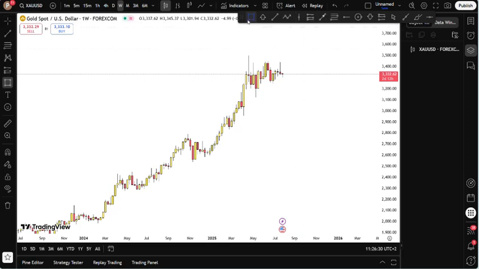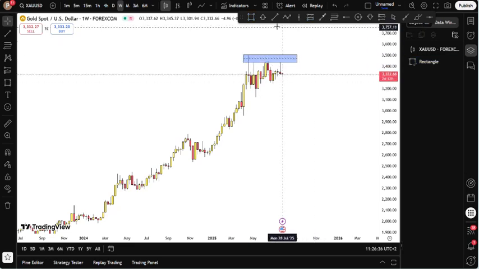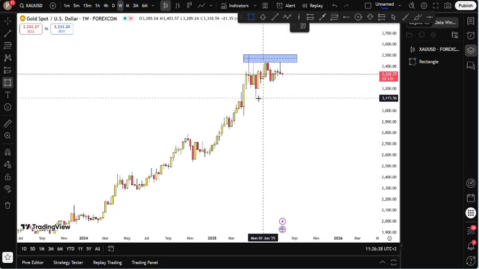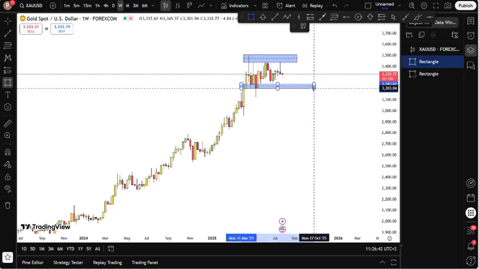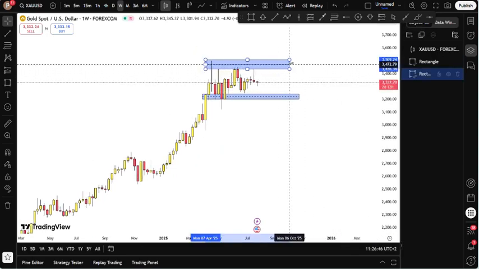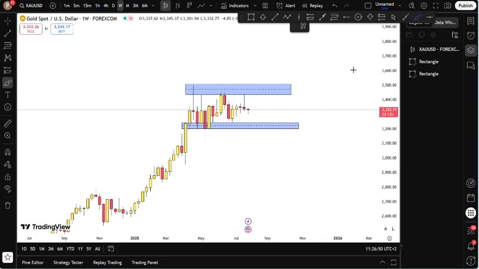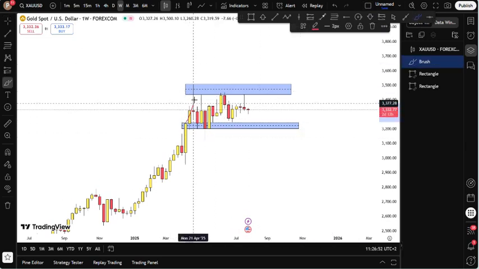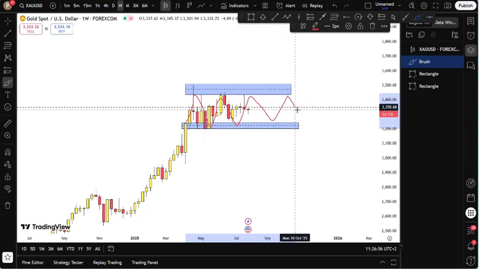Let me just put back the zone here, right there, and then the highs. It's currently rejecting this level, so gold cannot push out. It's currently in a consolidation pattern. See this sideways price action? Does it look familiar?